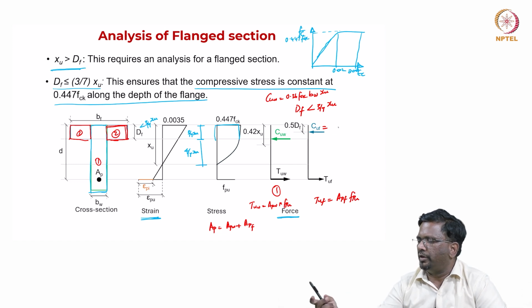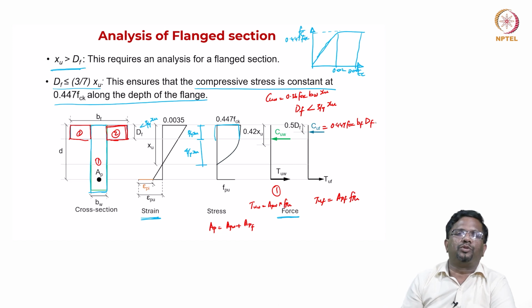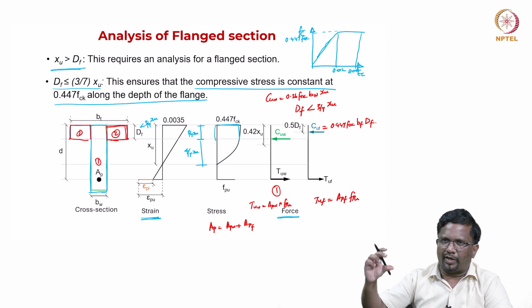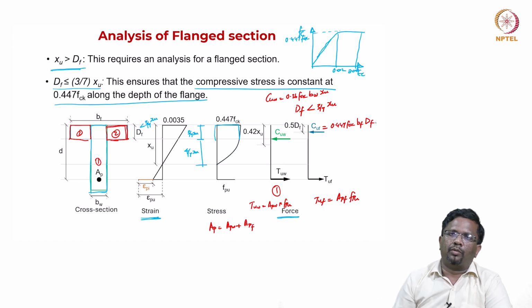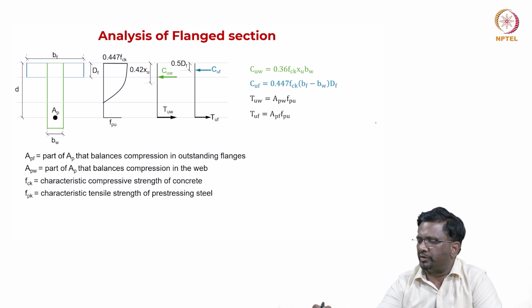It is going to be 0.447 FCK BF times DF. This is going to be the compression force offered by the flange, because the entire flange is having constant stress of 0.447 FCK, right. So, that is what we have written here in terms of internal forces.